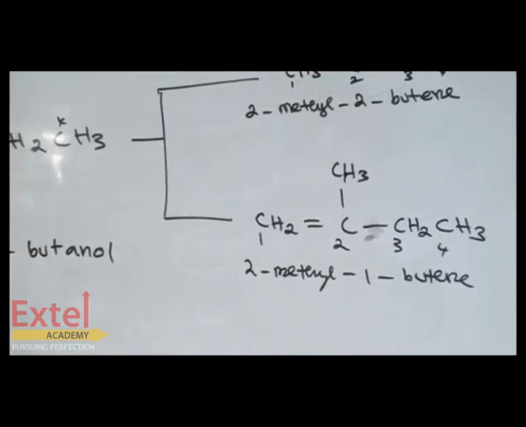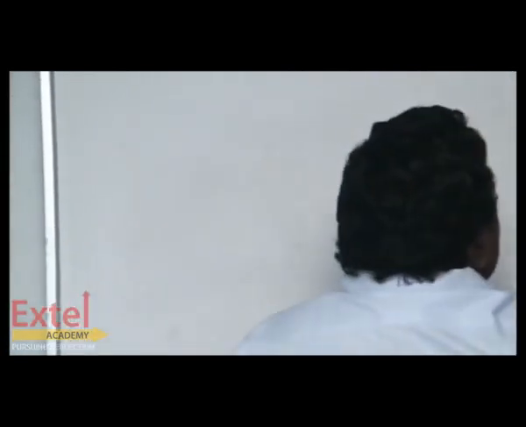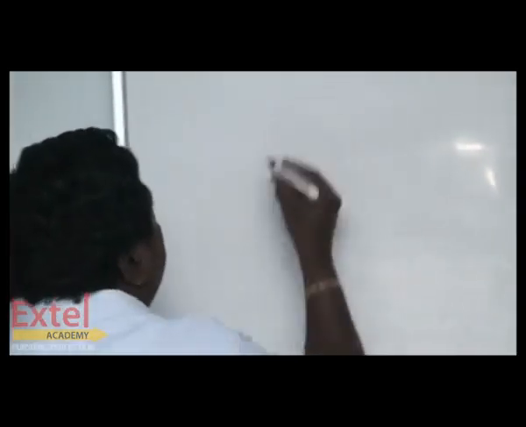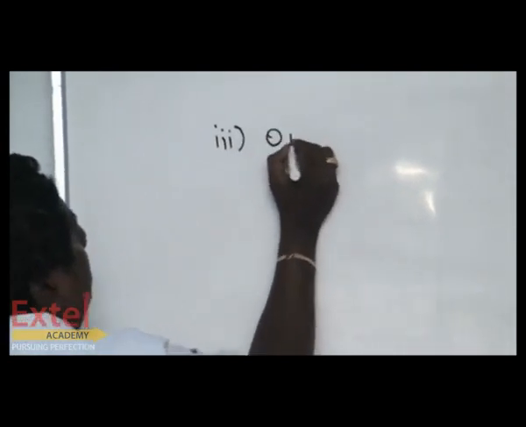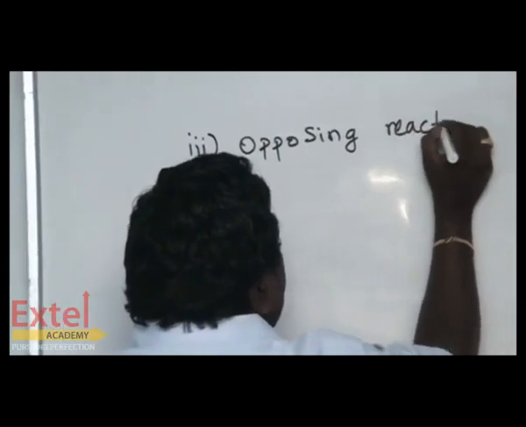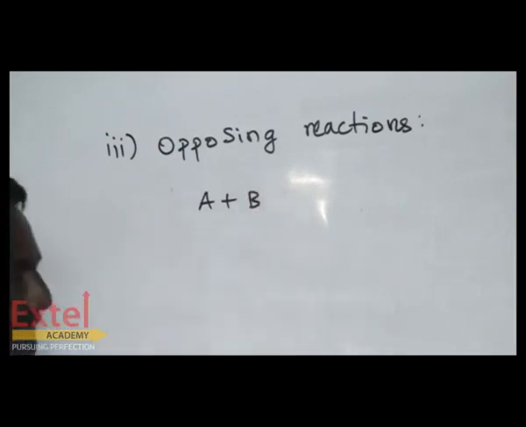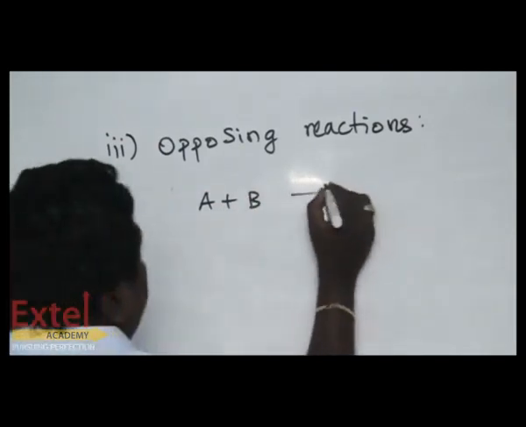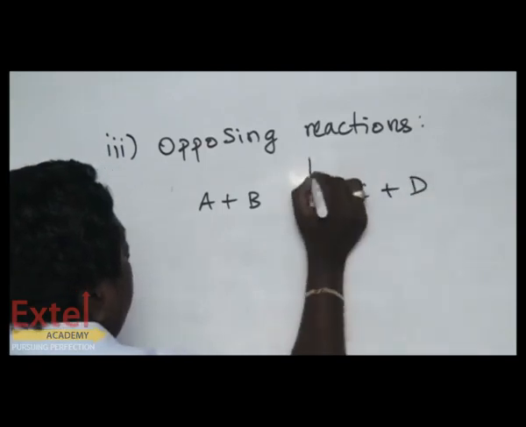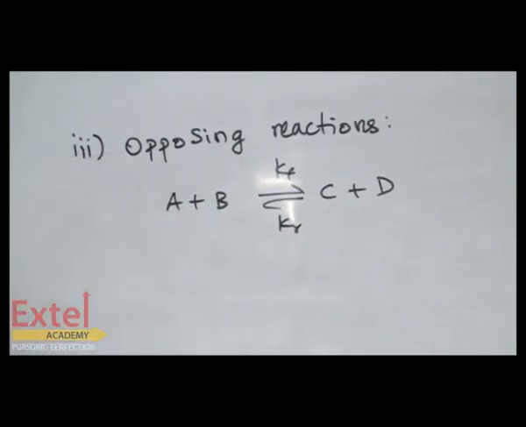Understood parallel reactions? Then opposing reactions. All the reversible reactions are called opposing reactions. Third, opposing reactions. Suppose A combines with B to form C and D, where Kf is the rate constant of forward reaction, Kr is the rate constant of reverse reaction.